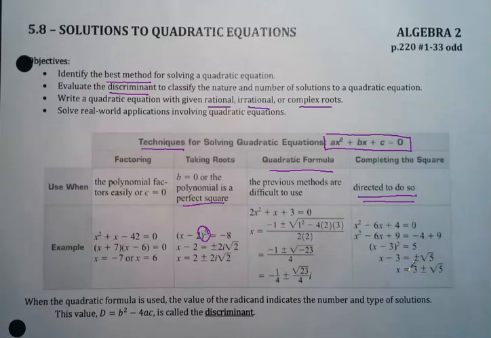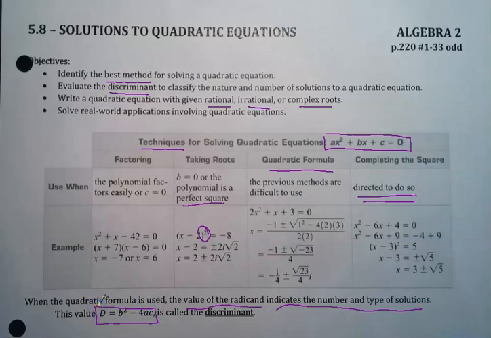When the quadratic formula is used, the value of the radicand indicates the number and type of solutions. Okay, so that's kind of cool. We haven't really talked about that. This value, d, equals b squared minus 4ac.